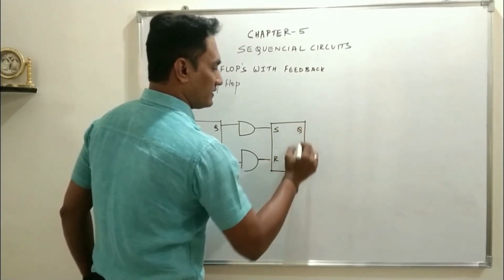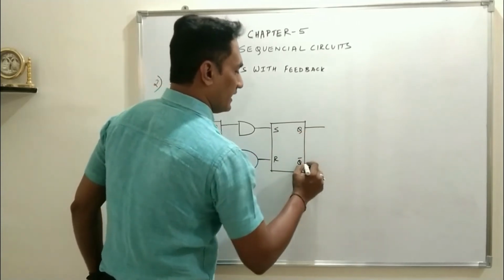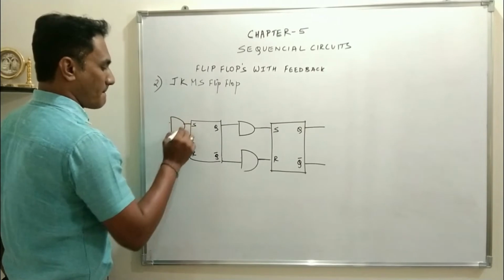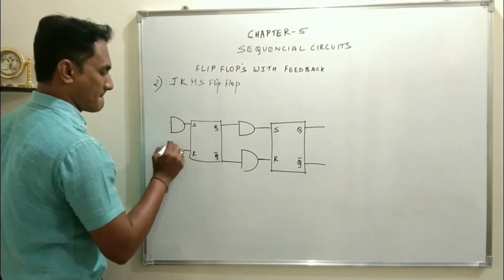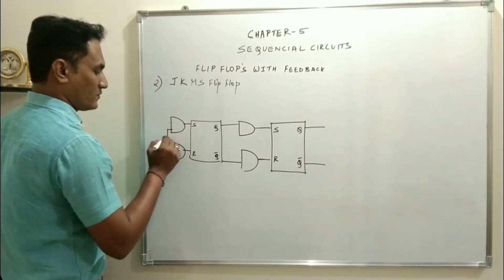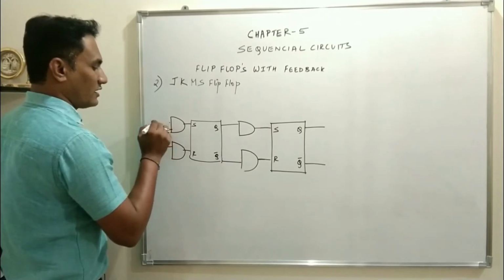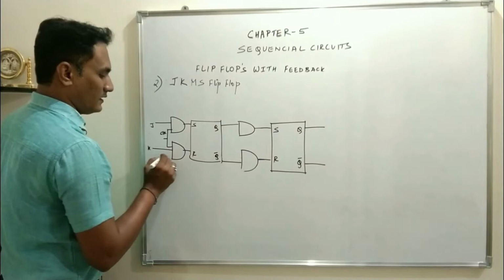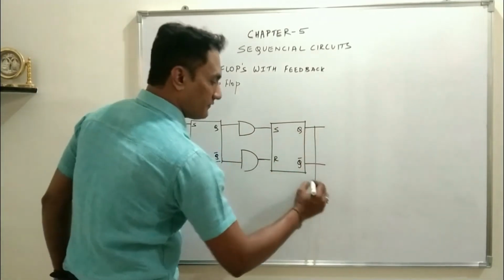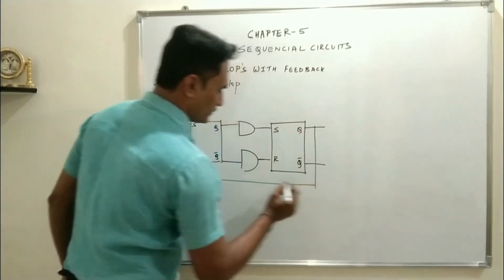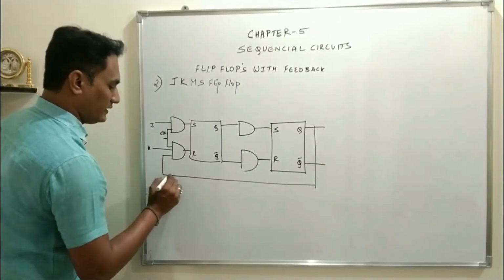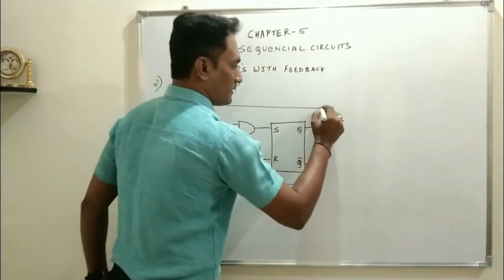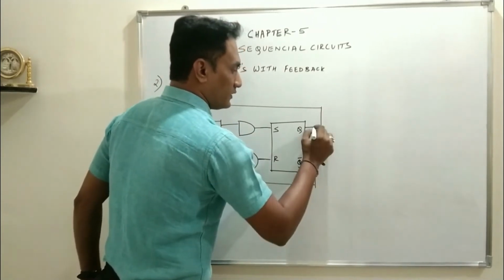The basic construction will remain as it is. So this is clock, this is J, this is K, and the output will be fed back to the input. So this will be your Q, and this is your Q bar.